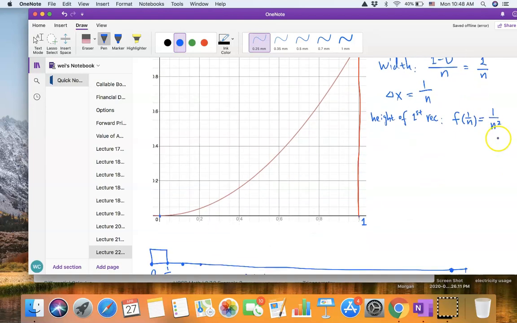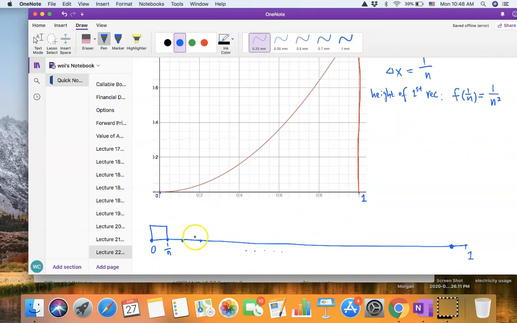Okay. For the second rectangle, I use this point to determine its height. Now the difference between this point and 1 over n is 1 over n, so the coordinate of this point is 1 over n plus 1 over n, so it's 2 over n.